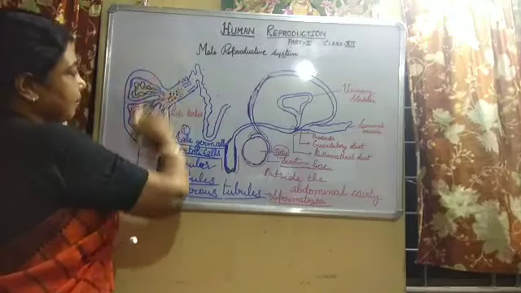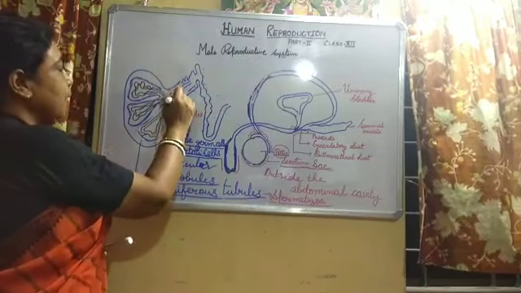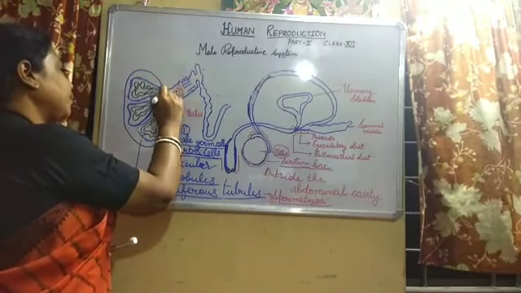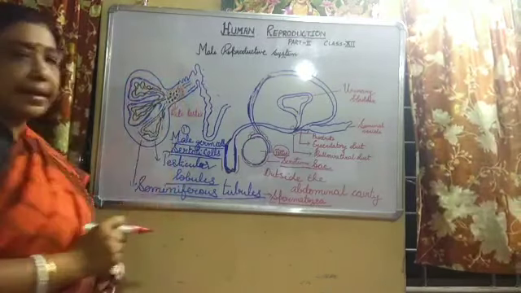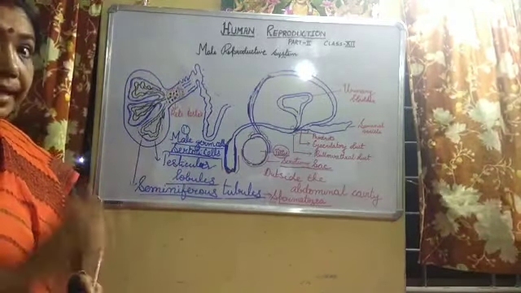All the seminiferous tubules from the lobes pour their spermatozoa into a space known as rete testis.